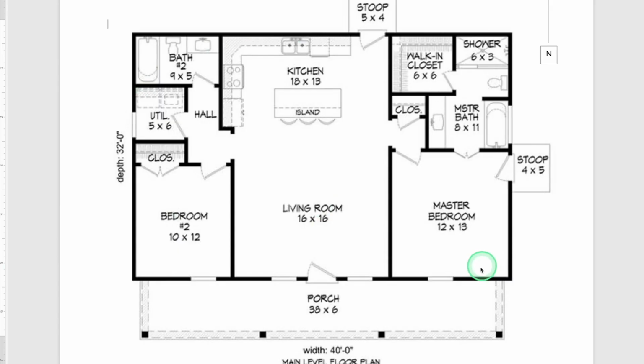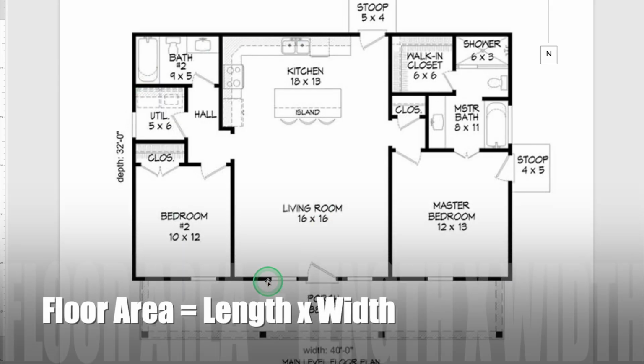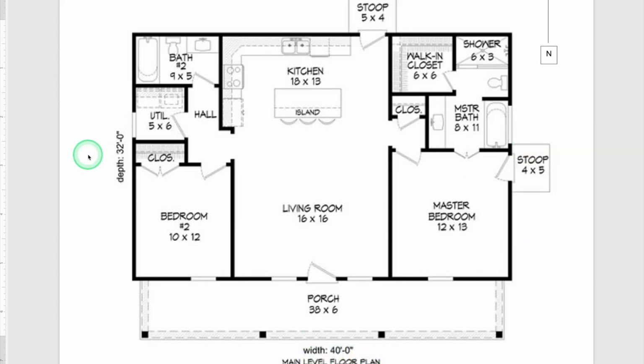Well, again, this house is pretty easy. Area is length times width. So the length of this home is 40 feet and the width would be 32 feet.